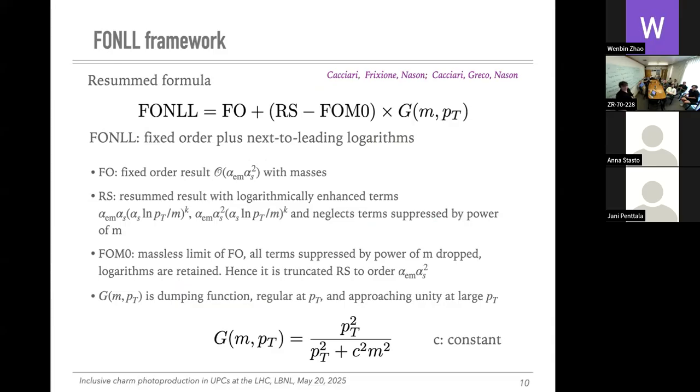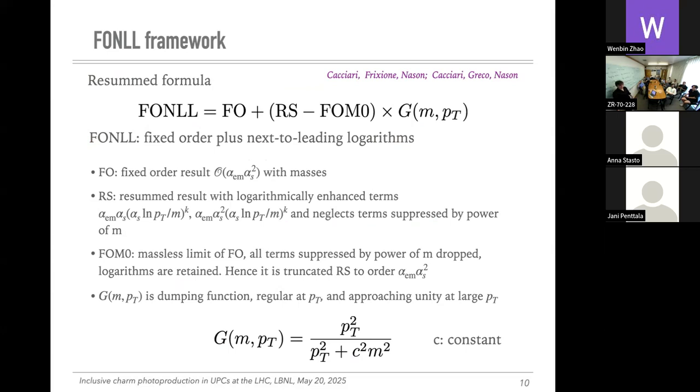You have the fixed order result with masses up to this order. Then there is a result with logarithmically enhanced terms like these, and it neglects the terms which are suppressed by powers of m, so the mass only sits here. Then there is a subtraction of the massless limit of the fixed order.